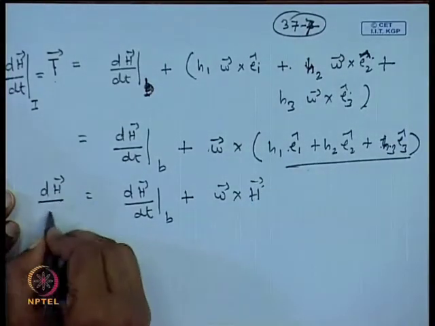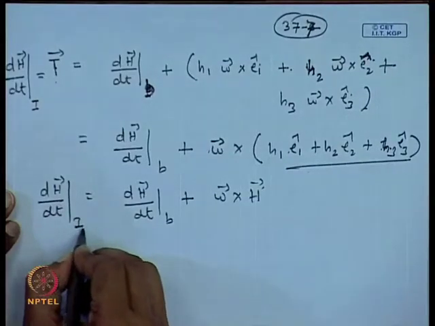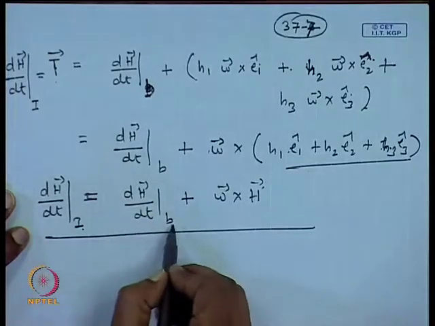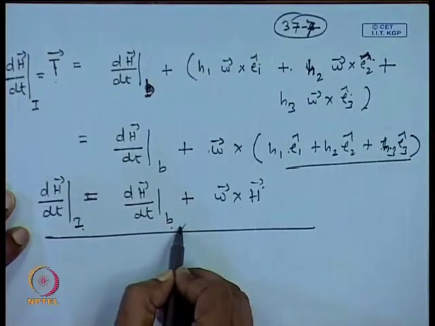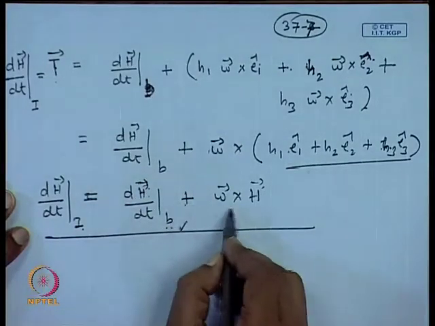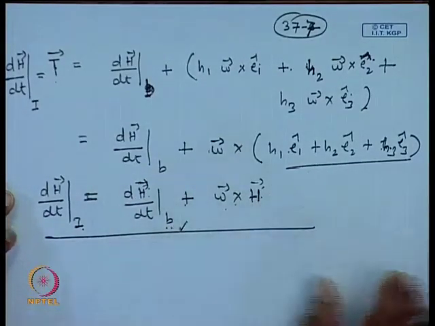So, dH by dt in the inertial reference frame can be written as dH by dt in the body reference frame, the rate of change of the angular momentum in the body reference frame, plus omega cross the angular momentum vector.